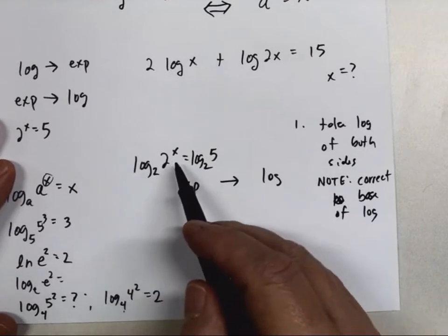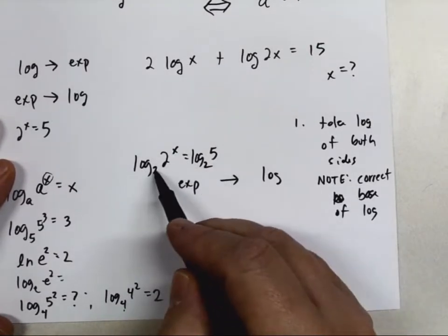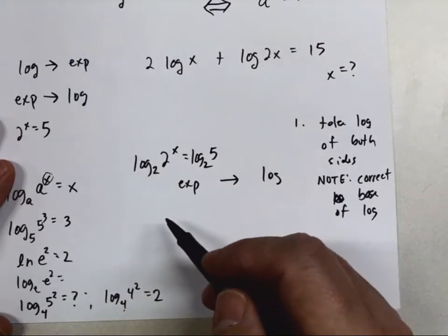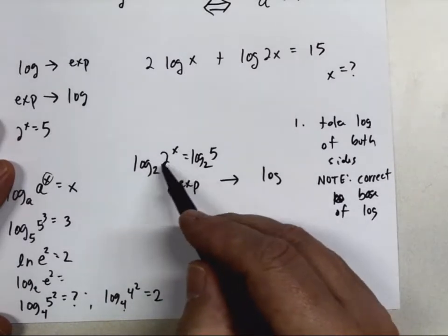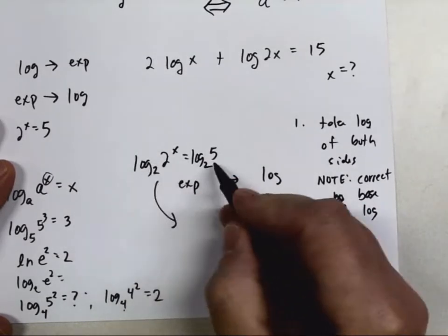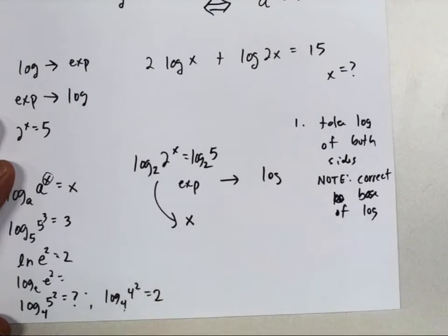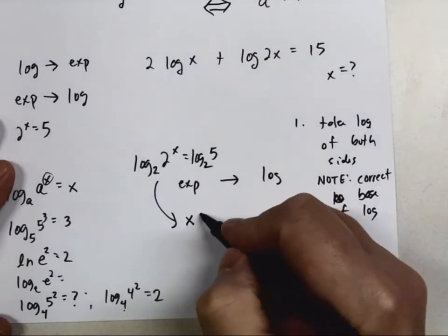So that's why when I came up here, when I took the log of both sides, I wanted to make sure that the base of my log was the same as the base of this exponent. So now this whole thing, log base 2 of 2 to the x, it's just x.